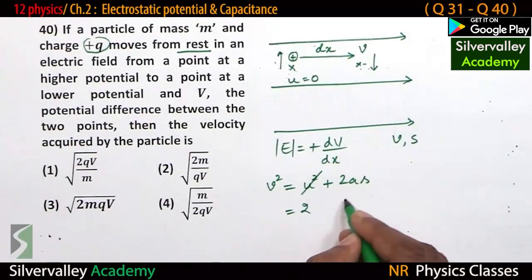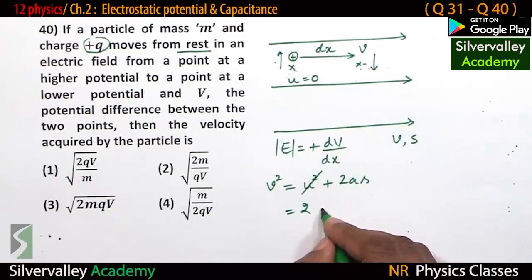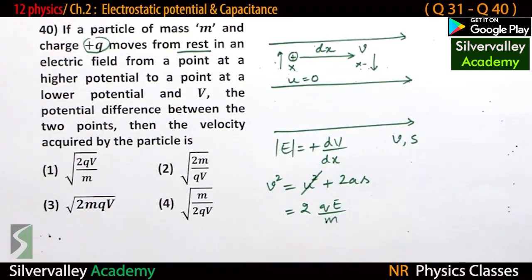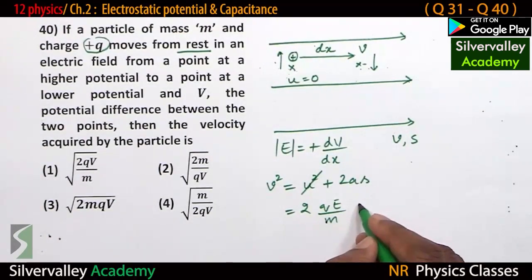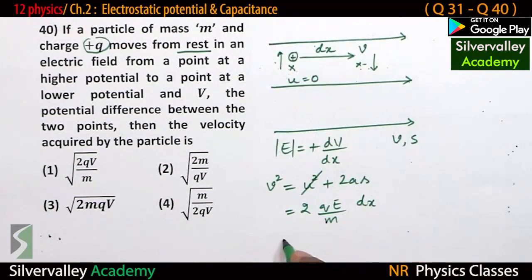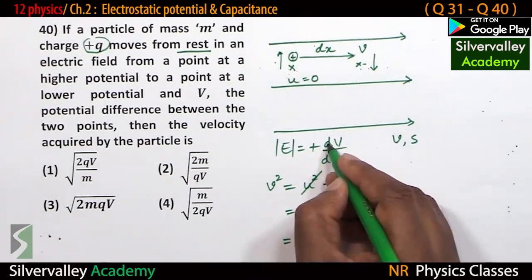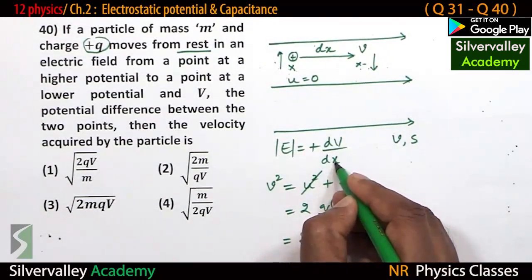Acceleration of a charge in an electric field is qE by m. This is the displacement dx. Observe 2q by m. The electric field is potential difference by displacement.